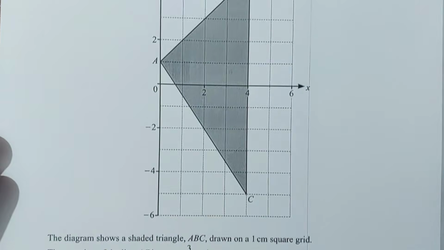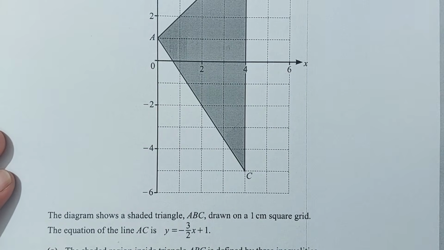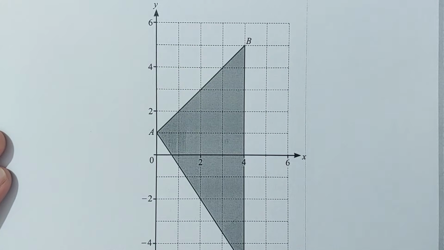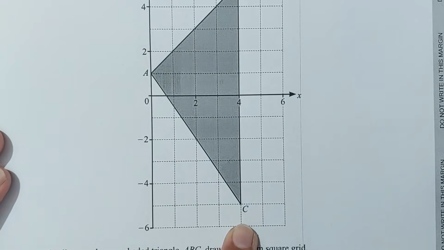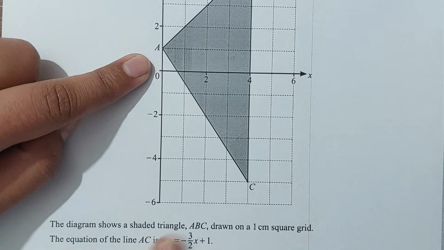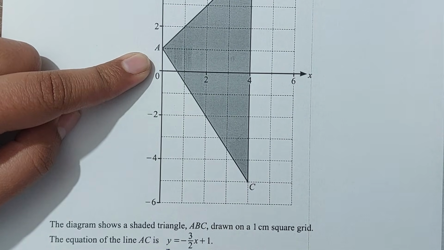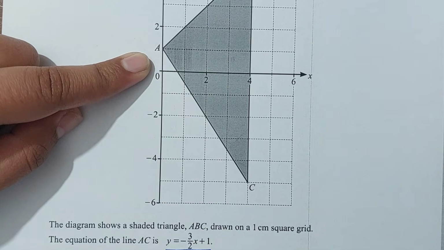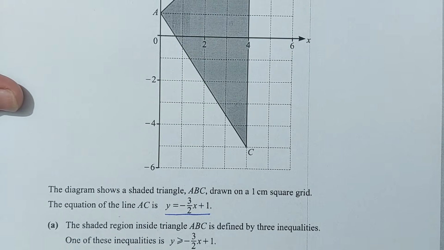Question number 17. The diagram shows a shaded triangle ABC drawn on a 1 centimeter square grid. The equation of the line AC, this line, is y equals minus 3 by 2 x plus 1. Part A, shade the region inside the triangle ABC.